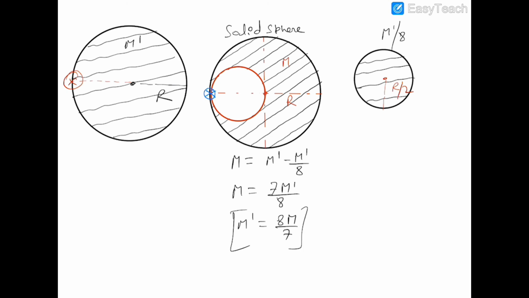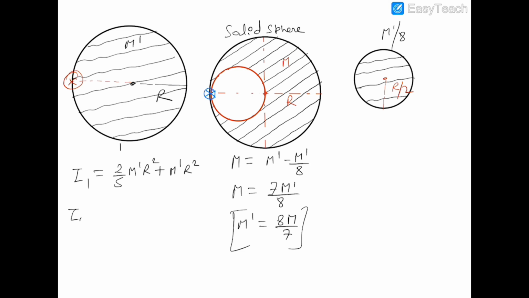Okay, so the moment of inertia of this object 1 about this axis is 2 by 5 m dash r square plus m dash r square, because we have applied the parallel axis theorem.